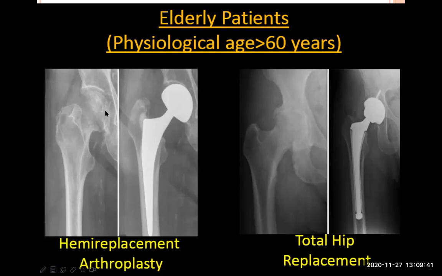Just compare this x-ray and this x-ray. What can you see in this x-ray here? Anybody? Screw in pelvis. Say it again. There is a screw in pelvis. Okay, anything else? See this. There is a nice gap between the head of the femur and the acetabular rim.